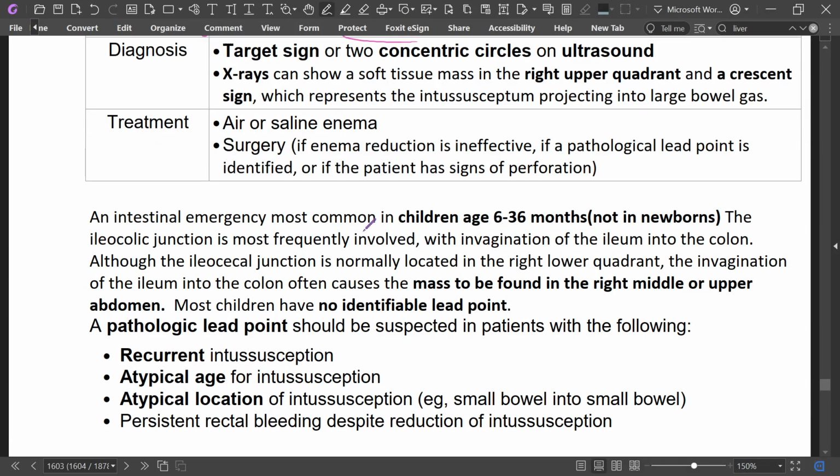It is an intestinal emergency most common in children, in 3 to 6 months.